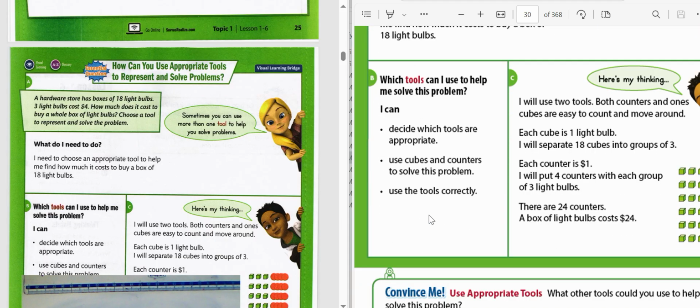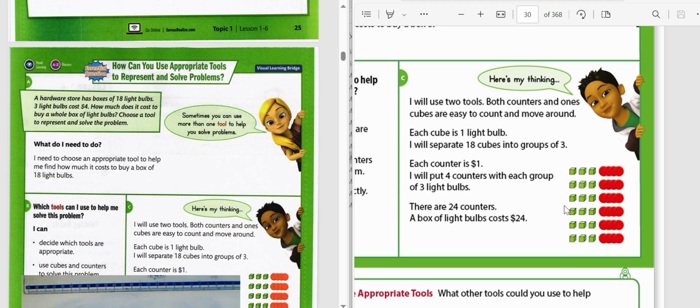Question 8. Which tools can I use to help me solve this problem? I can decide which tools are best. Use cubes and counters to solve this problem. He solves the example like this. I will use 2 tools. Both counters and unit cubes are easy to count and move around.